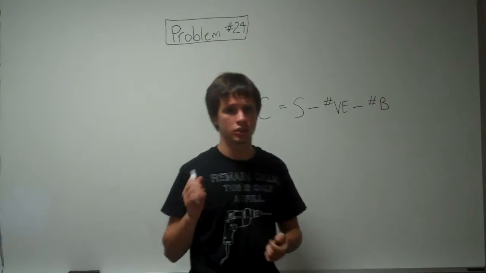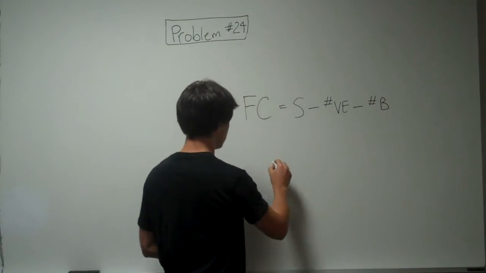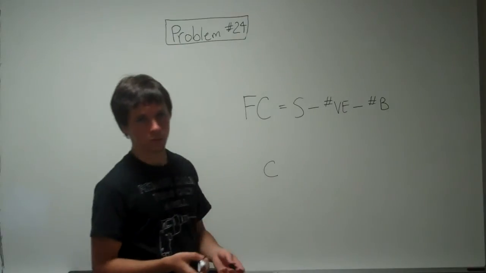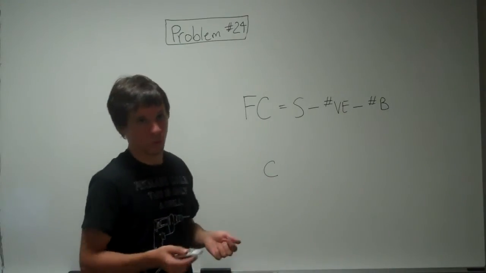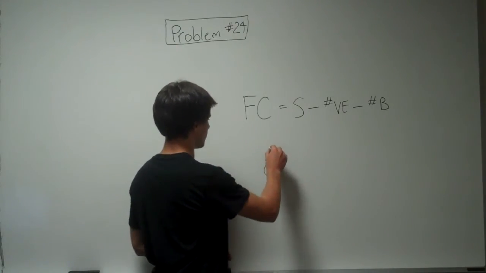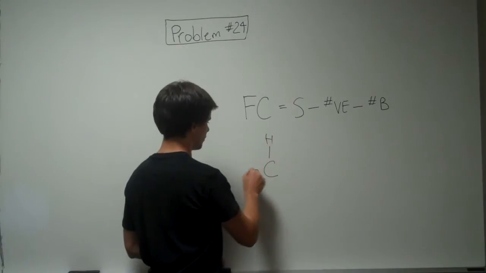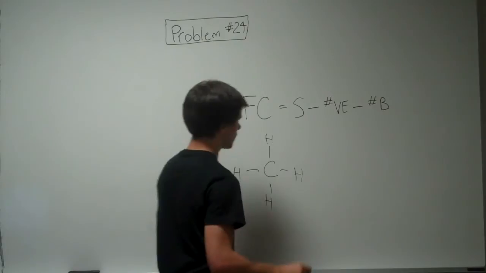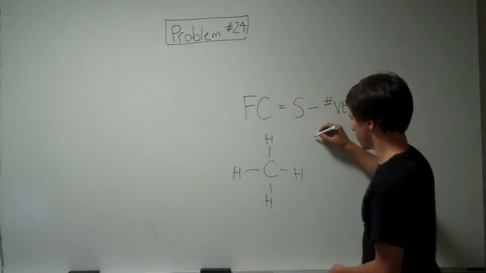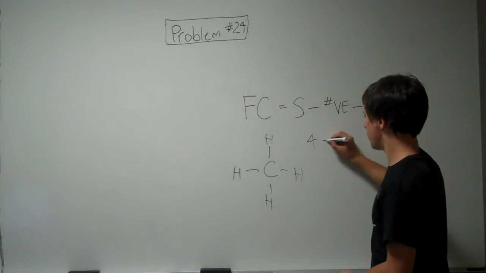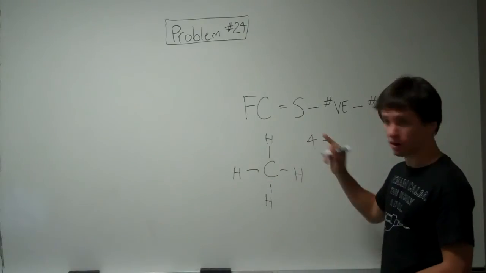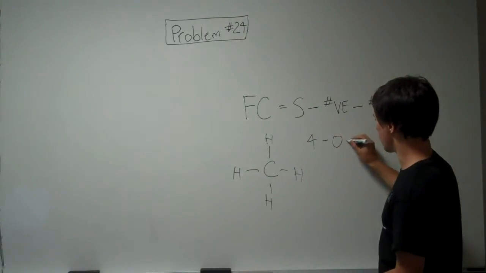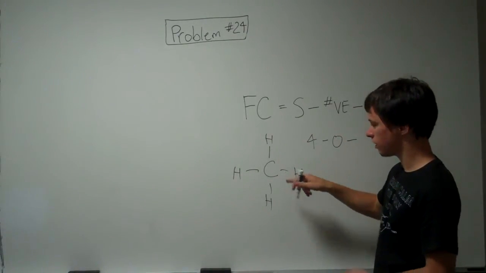So for example, carbon is in row 4. So if it has 4 things attached to it, like 4 hydrogens, the starting number is 4, minus the valence electrons, there aren't any, minus 0, minus the number of bonds attached to it.